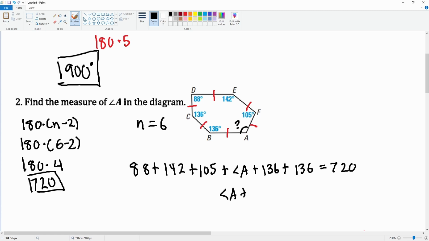That equals 607. Subtract 607 from both sides. Angle A is equal to 720 minus 607, which is 113. This angle is 113 degrees.